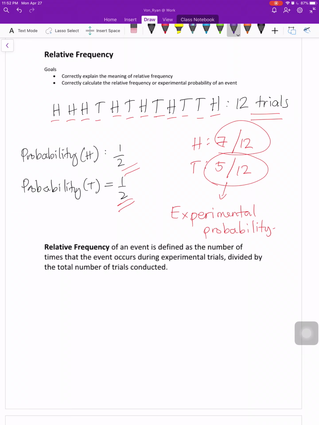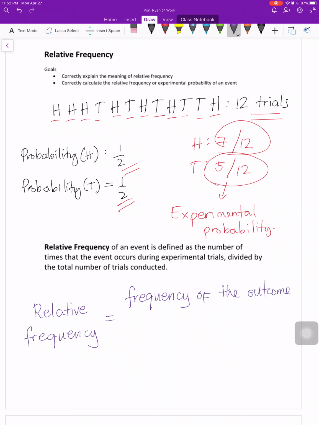Relative frequency is equal to the frequency of the outcome or event, so obviously you need to have data for this, divided by the total number of trials.